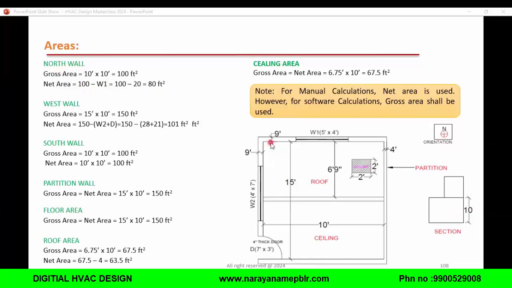So north wall, you can see this is the orientation. You can see north is this side. This is west, east, south. So for the north wall, what is the length? 10. What is the height? 10. So gross area is 10 by 10. Getting it?